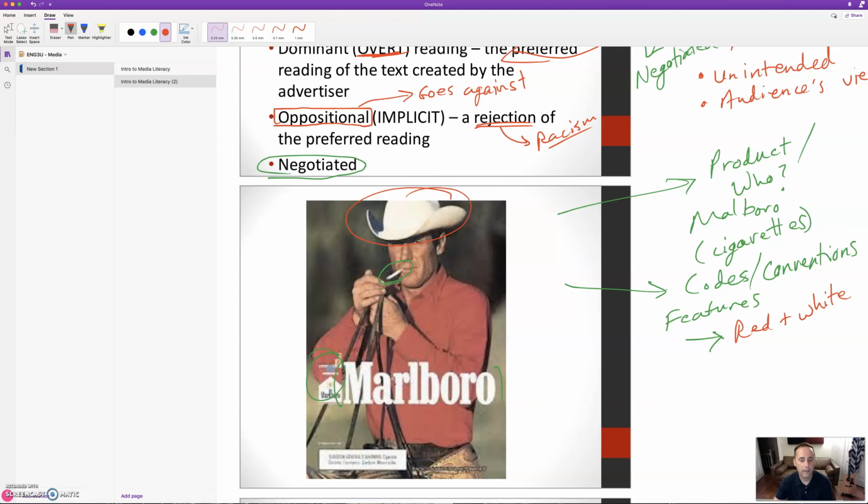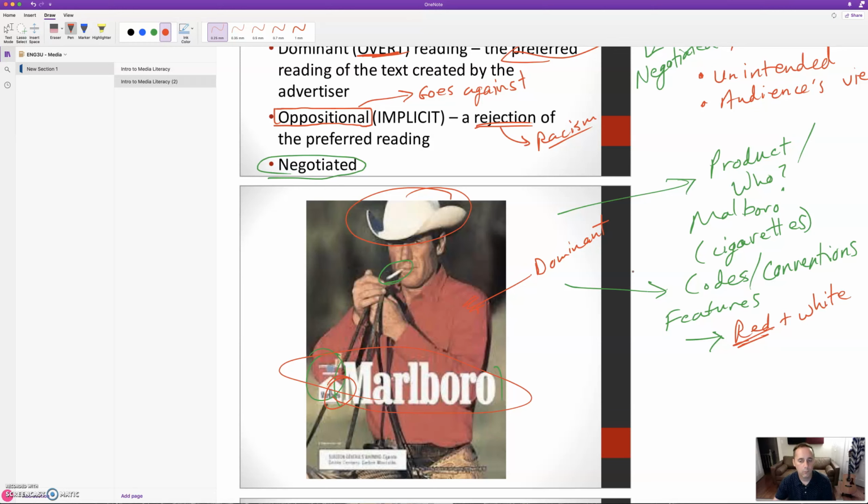His white hat connects to the white lettering and also to the white of the cigarette box. So red and white clearly are the unifying colors, and the dominant color is red, right? Because his shirt is red. So that's definitely a dominant color here.